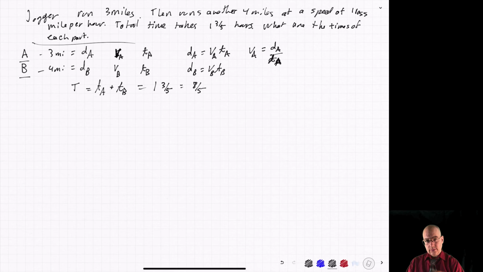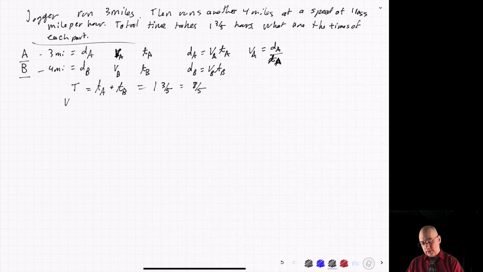So basically, I knew I was missing a piece of information. How did I know that? Because I started thinking about, okay, if I guess some times, so like if I guess for the time of A, I can get the time of B, but then what, right? I need the velocities, so there needs to be something else.